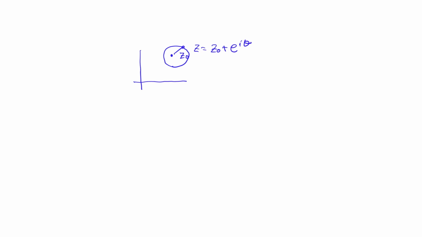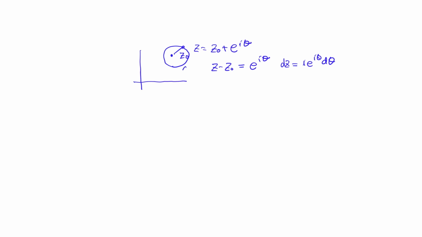Then z minus z naught is exponential i theta, and dz is i exponential i theta d theta.